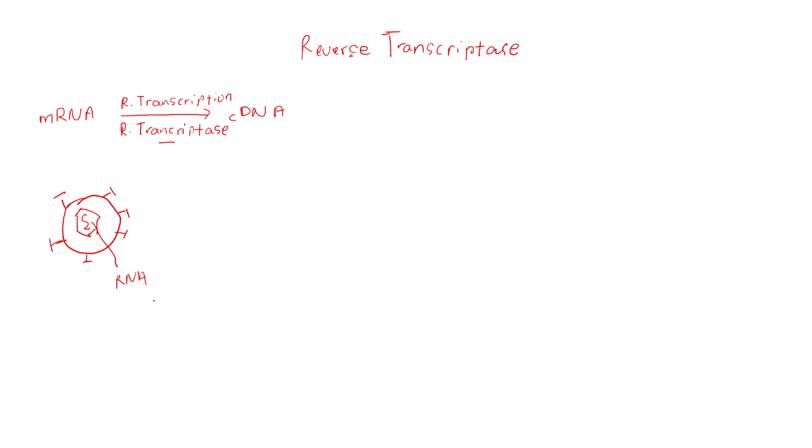When this virus invades the host cells, they commonly have DNA in their nucleus. So they can't incorporate the RNA directly into the DNA genome of the host cells. They need an enzyme called reverse transcriptase that helps them convert their RNA into DNA before incorporating into host cells. And reverse transcriptase can help produce from the RNA a cDNA that is single-stranded.